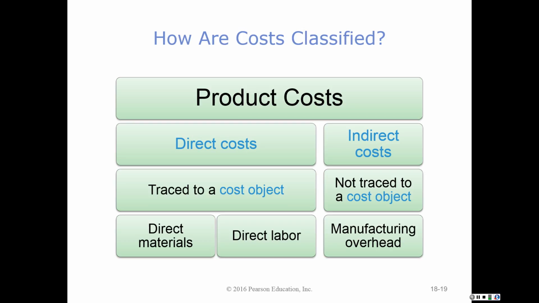And as we mentioned earlier, these costs will remain on our balance sheet as an inventoriable product cost until that merchandise is sold or the product is sold. Then it will move to the income statement where it will be considered cost of goods sold. And the cost of goods sold will there be matched up appropriately with the revenue generated from selling that product. But until they are sold, they are a product cost.